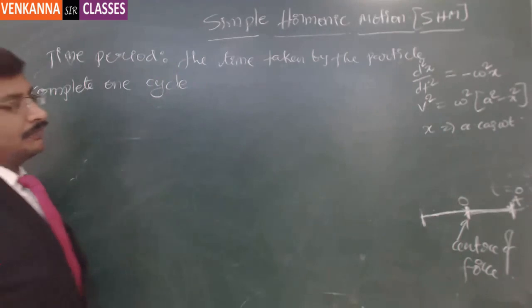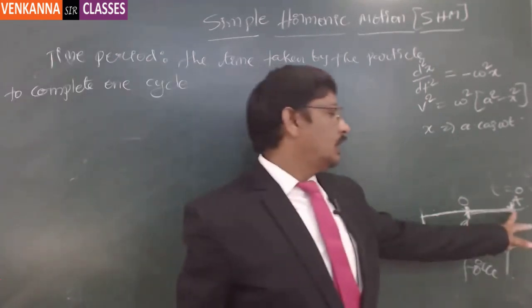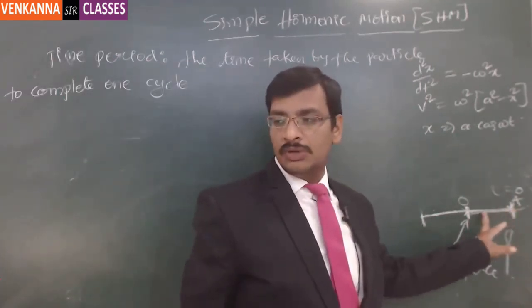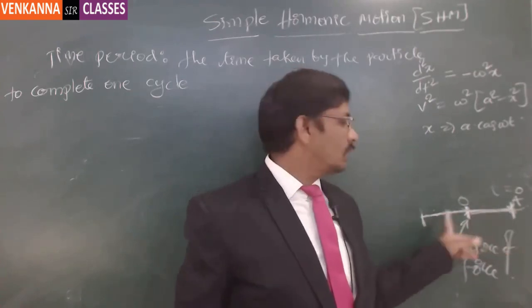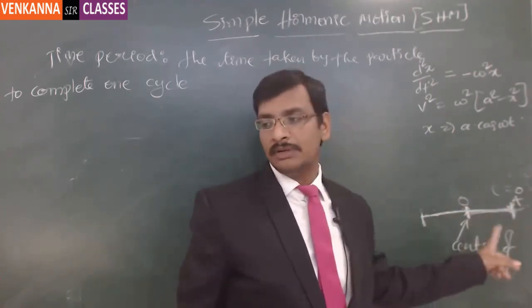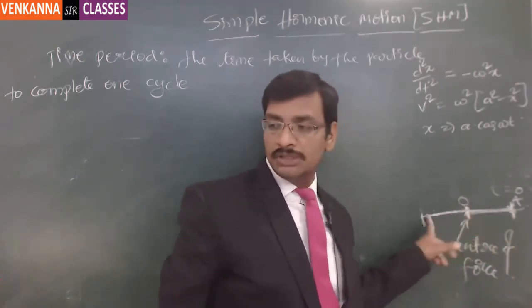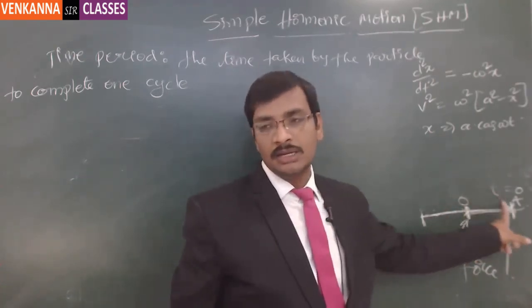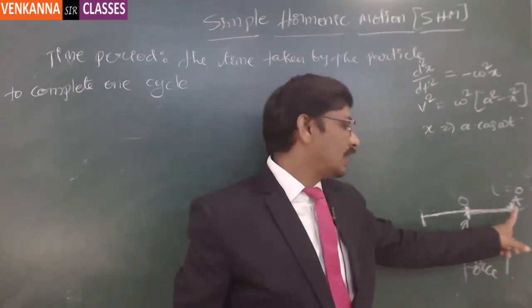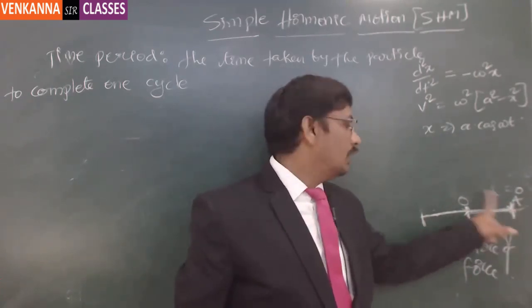So this is the time period. If you calculate the time taken from here to here, we can multiply by 4 so that you will be able to get the complete time period. Because it comes here and then moves here, again comes back and again comes back to the original position. First we calculate this time from point A to O.